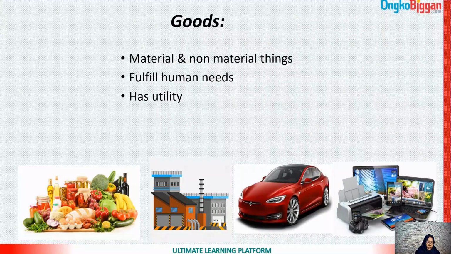So to count a thing as goods in economics, they have to have three conditions. They can be material or non-material. They have to have the capability to fulfill human needs, and the thing has utility of goods.